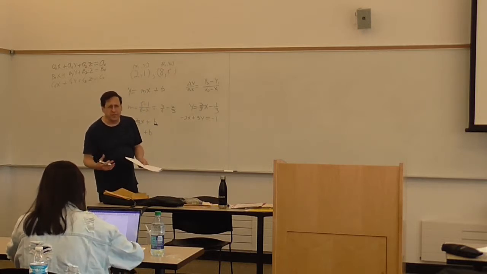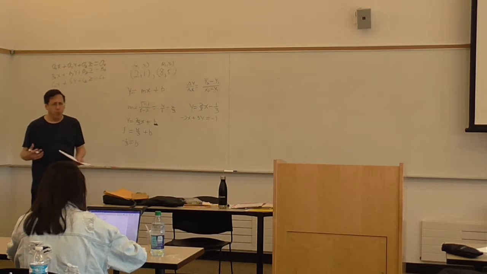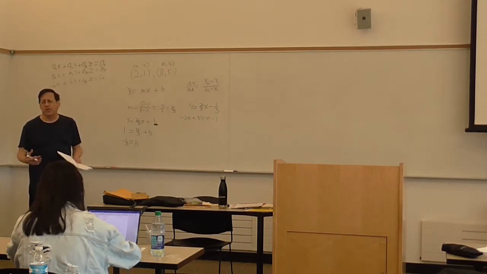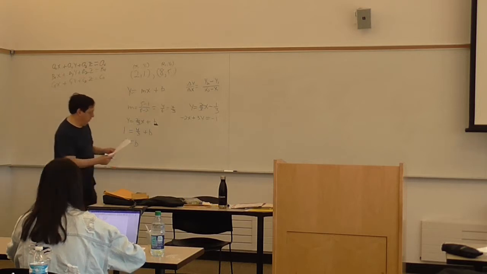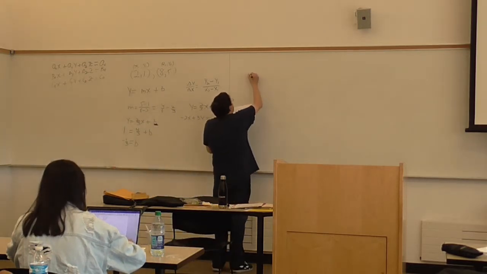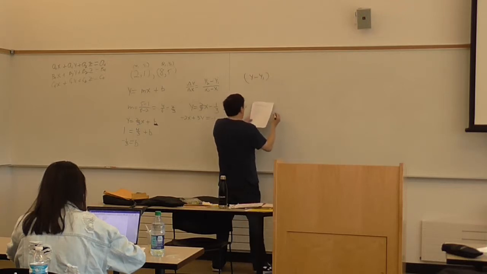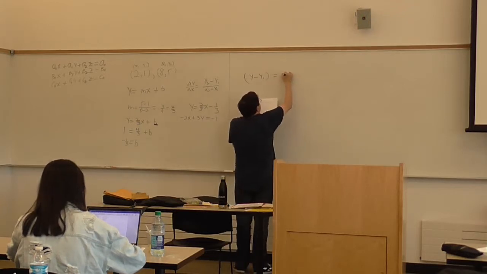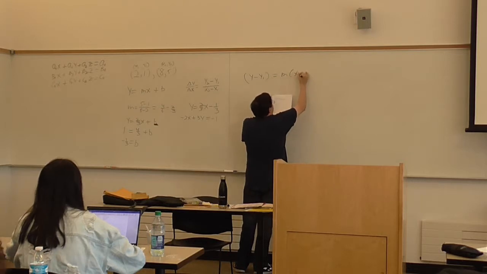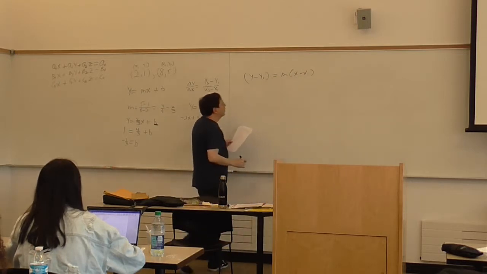There is an alternate formula you can use that I find hard to remember, so I don't try to remember it. But if you want it, you could remember that y minus y1 equals m times x minus x1.